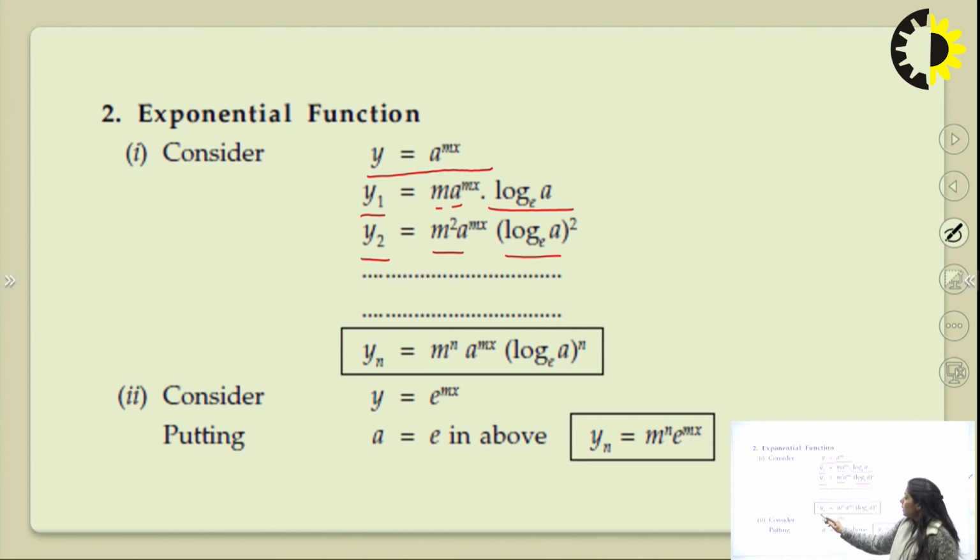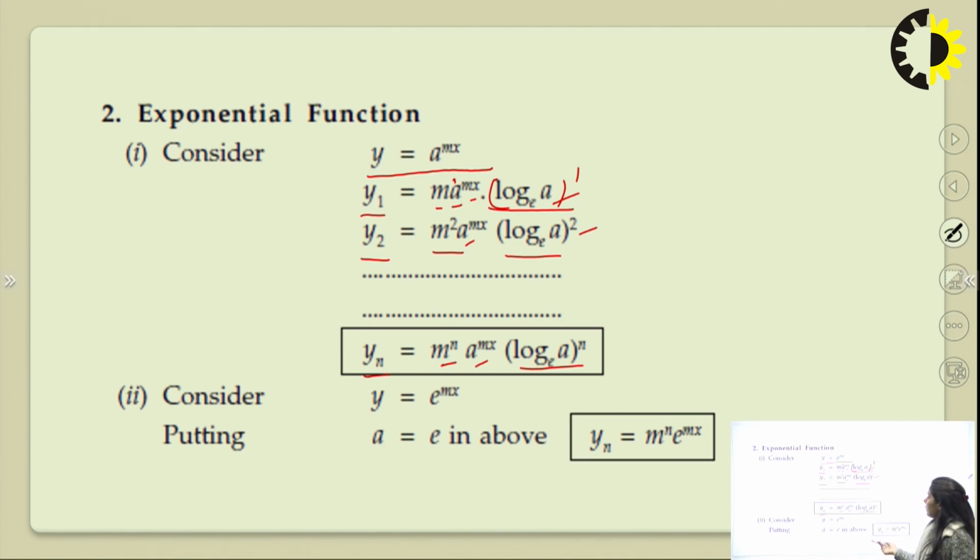So on, we can get yn, because in y1 here m power 1, in y2 m power 2, so in yn here will be m power n, and a power mx is common, so we will write a power mx. Now here in y1 log a power 1, in y2 log a power 2, and so on.